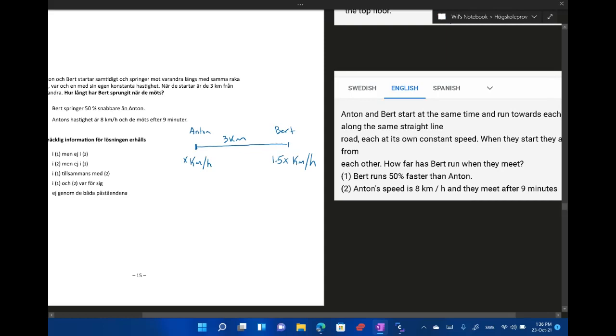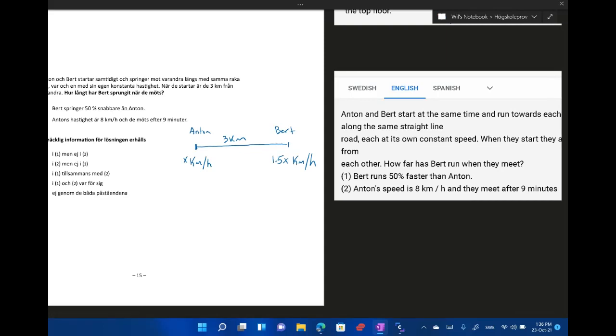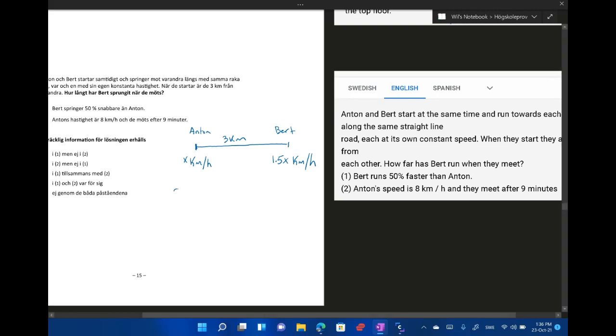In option 2, it says Anton's speed is 8 kilometers an hour, and they're going to meet after 9 minutes. All right, we can work with that. So if we look at Anton's speed, 8 kilometers per hour, they're going to meet after 9 minutes. So if we convert this to minutes, we're going to divide it by 60.